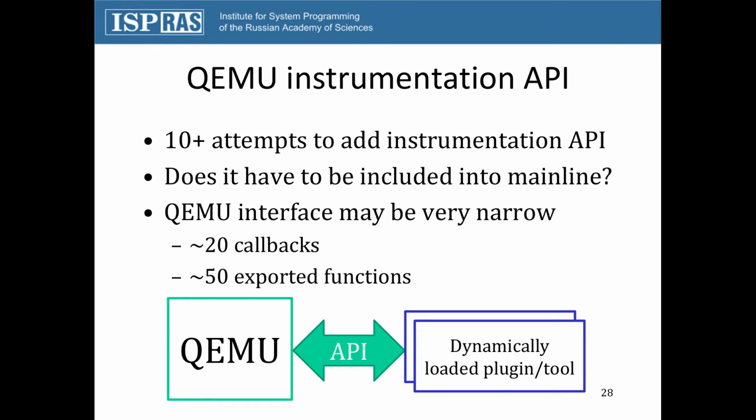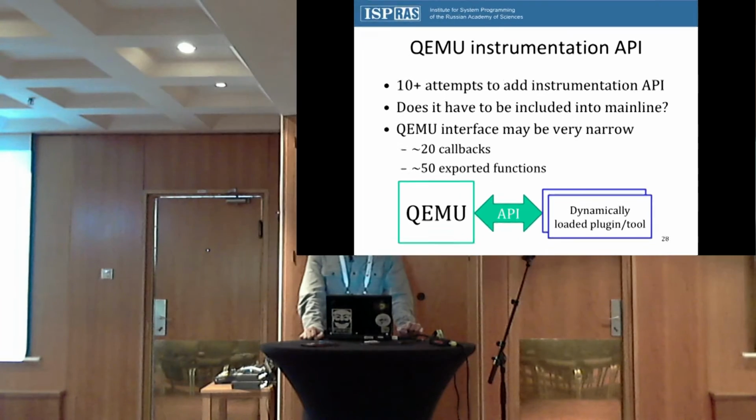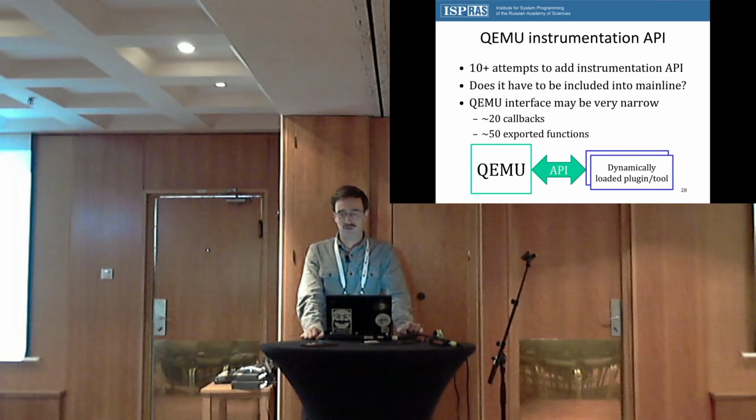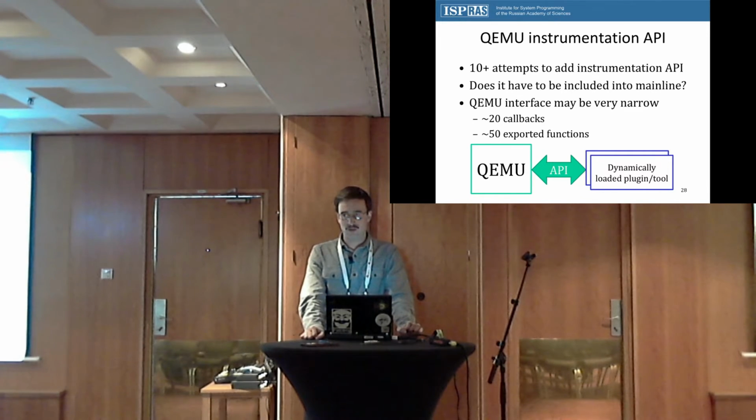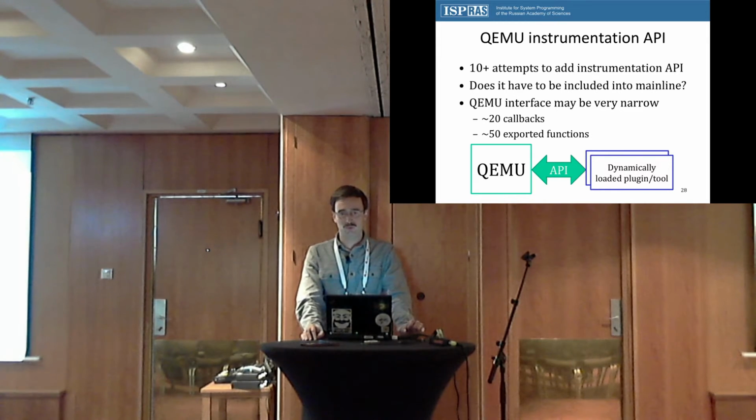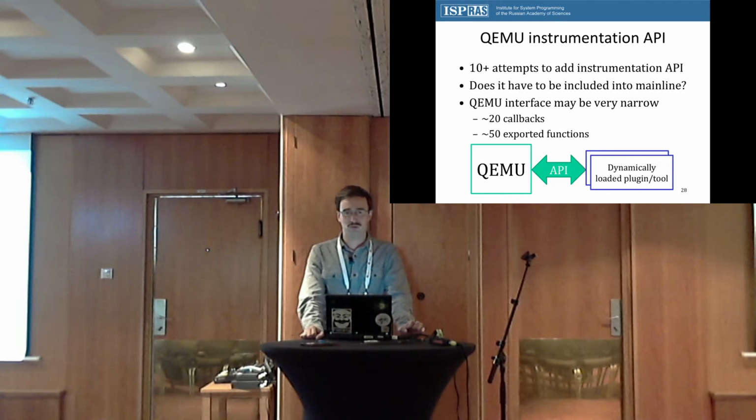So we have, at this moment, many implementations of such instrumenting frameworks. So why shouldn't we add such an API into the mainline? It could be very simple, a couple of dozens of functions and callbacks, and QEMU will be able to load and interact with dynamic plugins or models, or maybe static models.